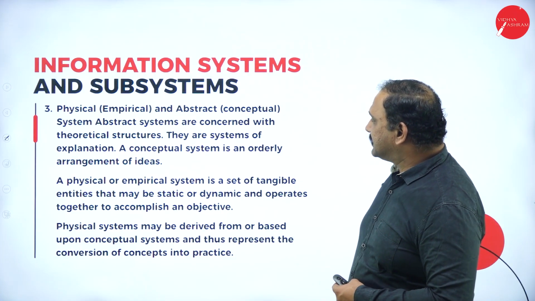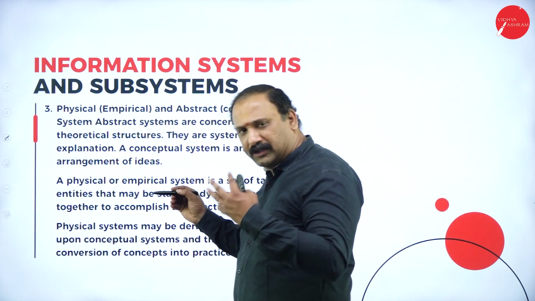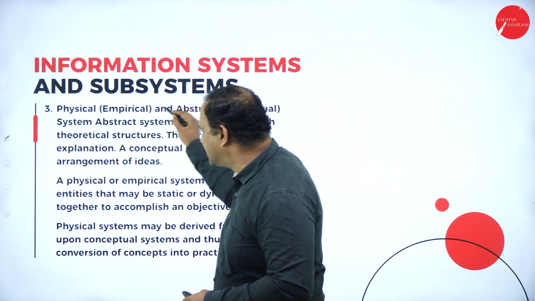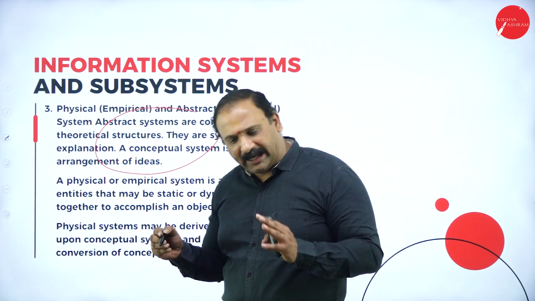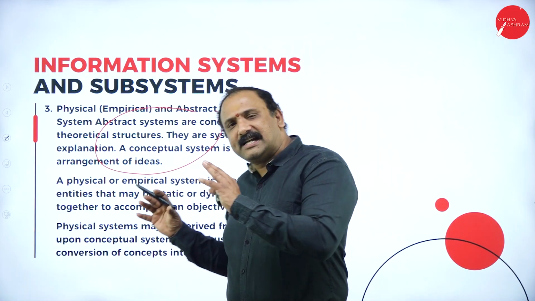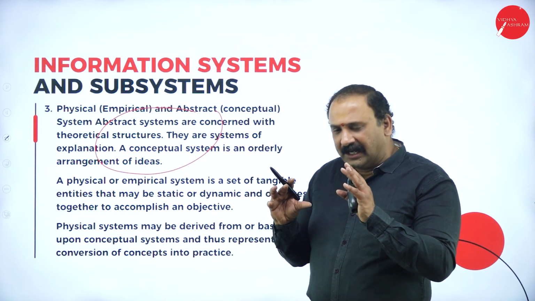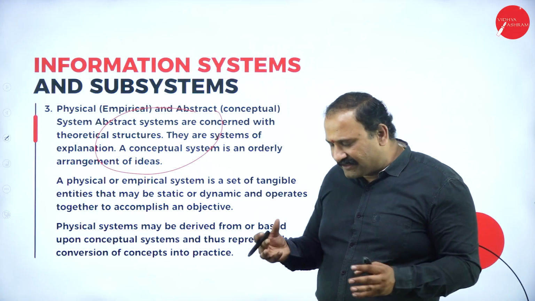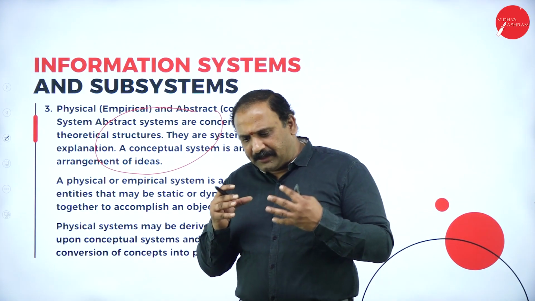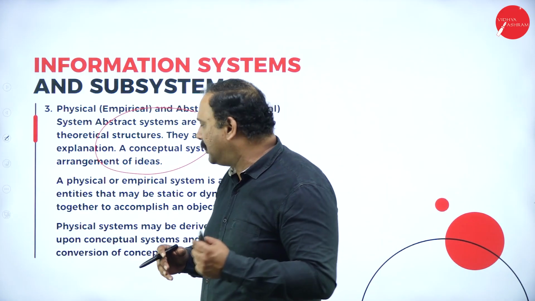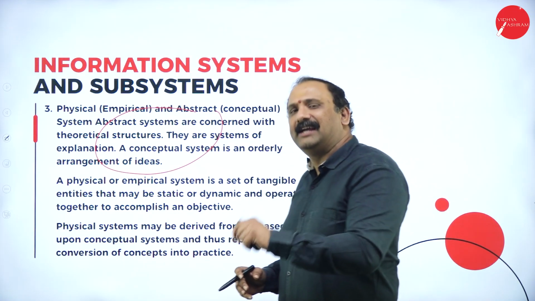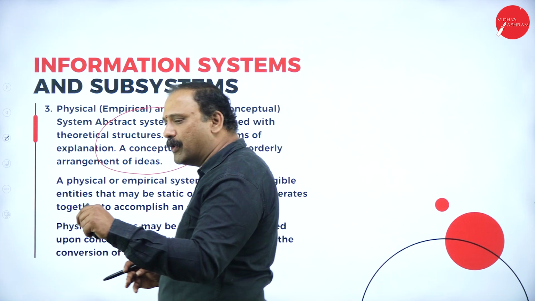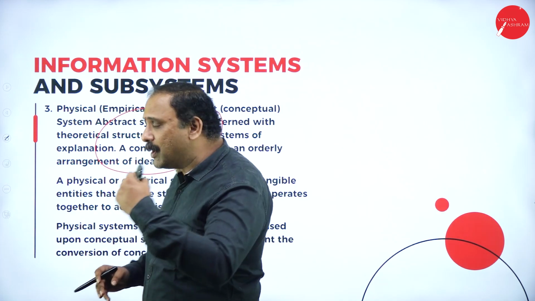Now let's try to understand physical, empirical, and the conceptual part of it. Abstract systems are theoretical structures. A conceptual system is an orderly arrangement of ideas. These are more from the textbook or theoretical standpoint. Of course, in the modern world, we are not talking about these things. Why? Because we are concerned more with the live database that keeps coming into our mindset.